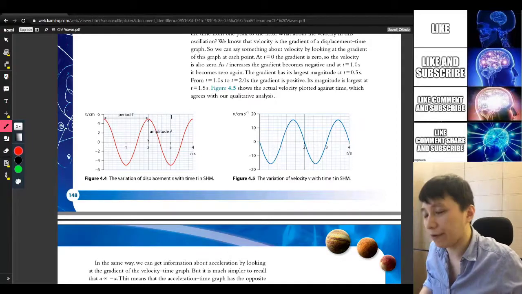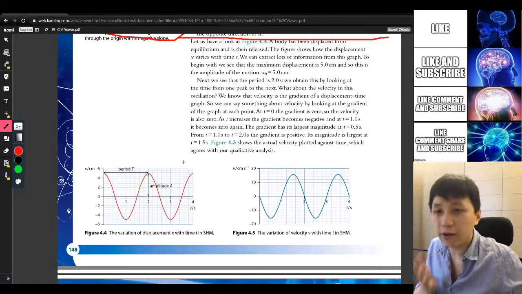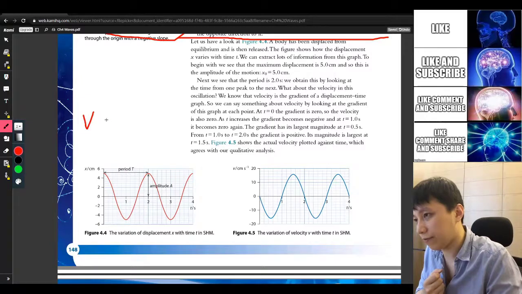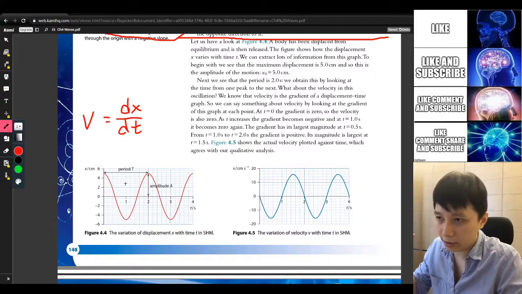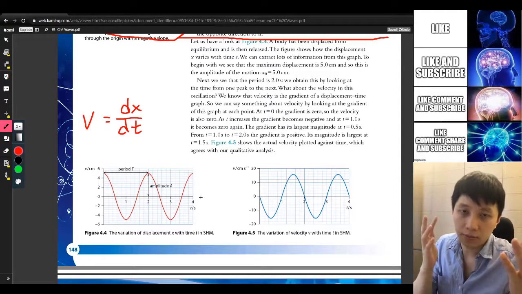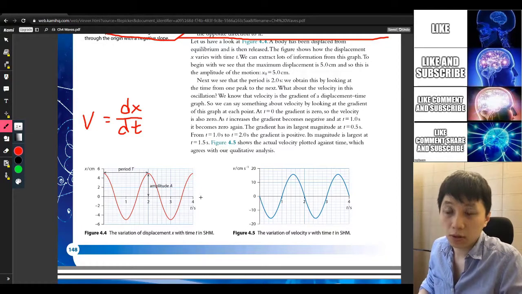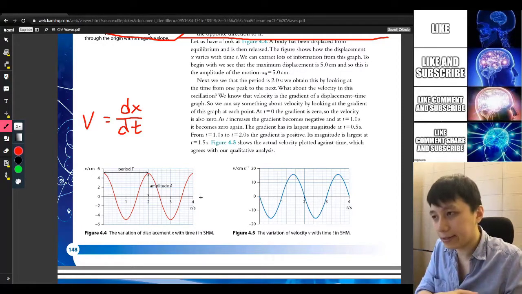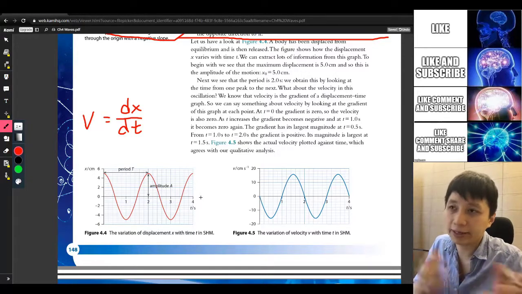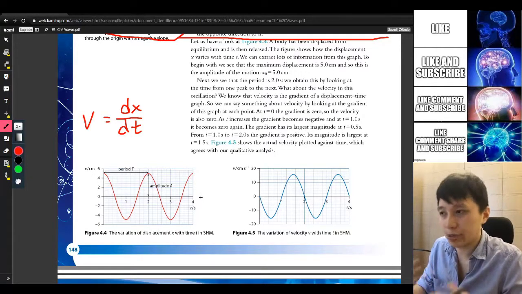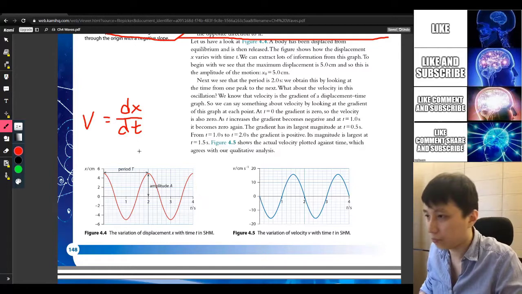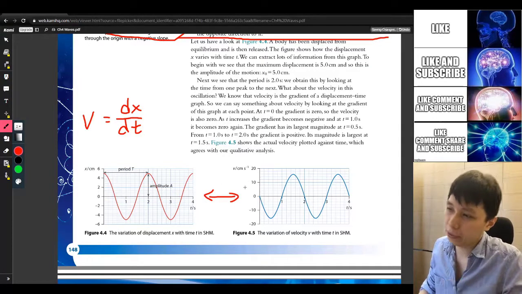And if you are good at differentiation, then of course you know v equals dx over dt, and you will see the differentiation of sine with respect to t will become cosine simply. So that's how it can be transformed from one to another.